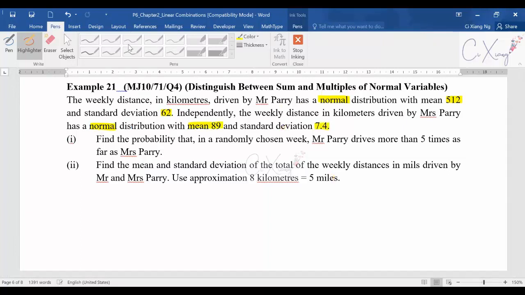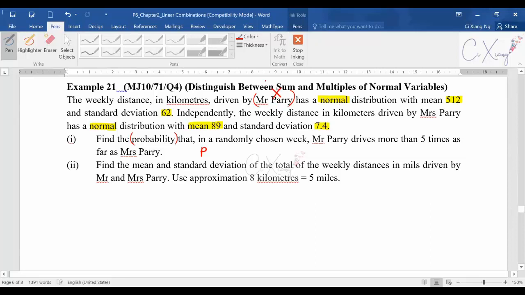Okay, so for the first part, they want you to find the probability that, maybe for Mr. Perry I use X, then for Mrs. Perry I use Y. Mr. Perry, so X, drives more than 5 times as far as Mrs. Perry, so X greater than 5Y.